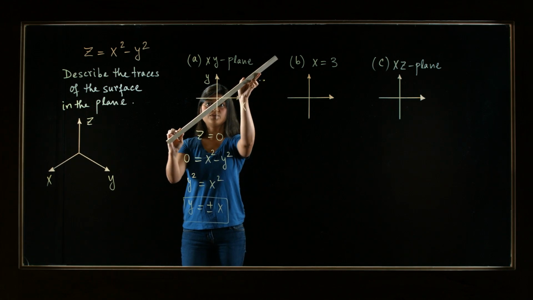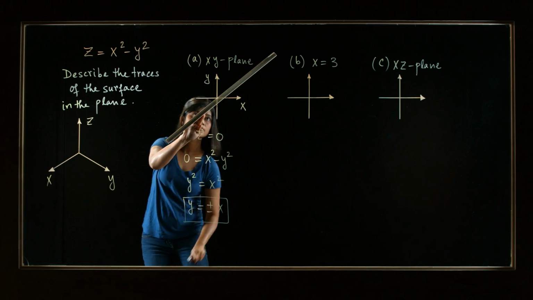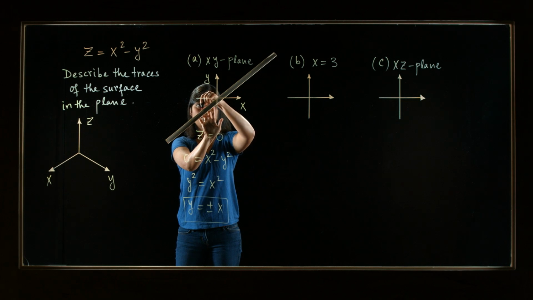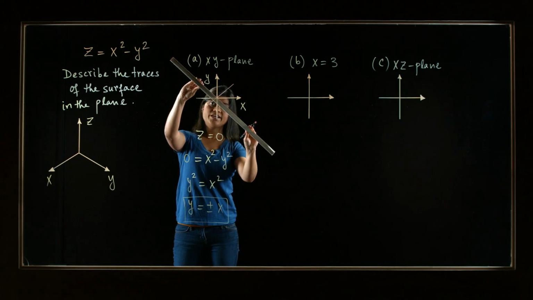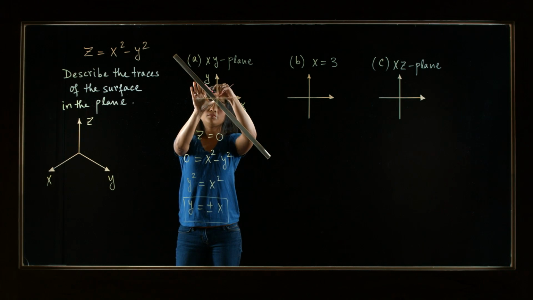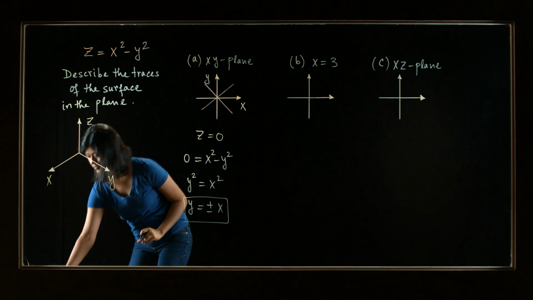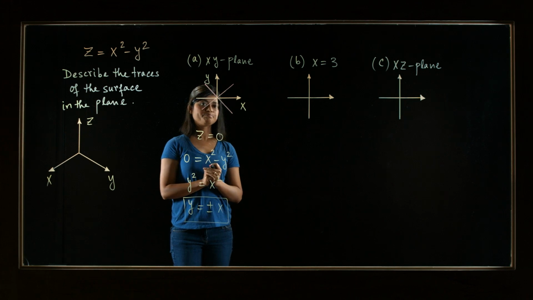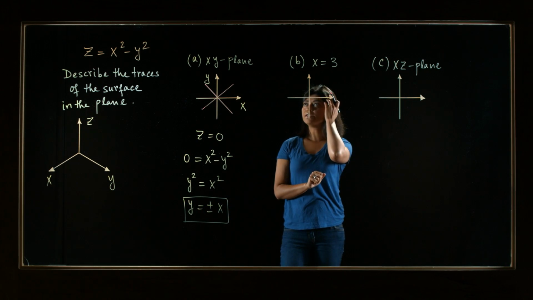One is y equals x, and the other one is y equals negative x. So that's the trace of this surface on the xy plane. Okay, moving on to the x equals 3 plane.